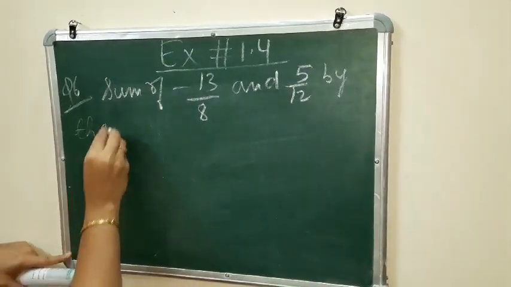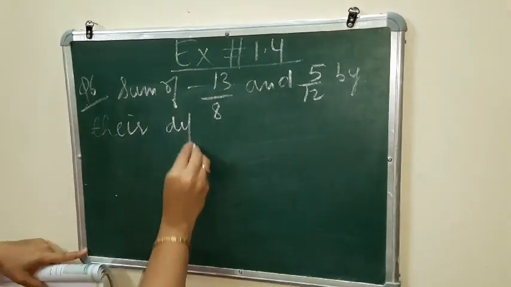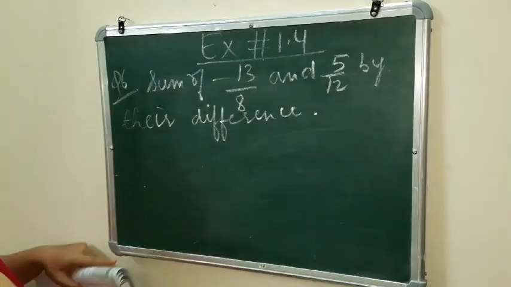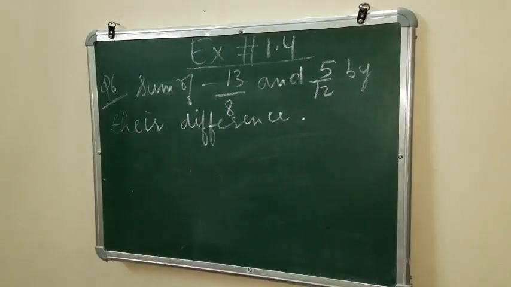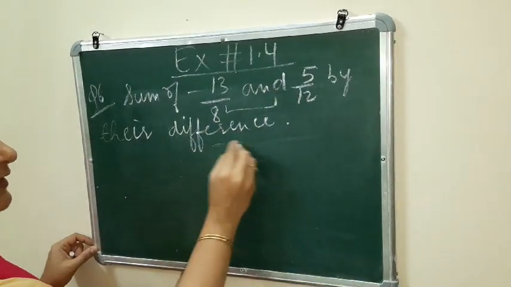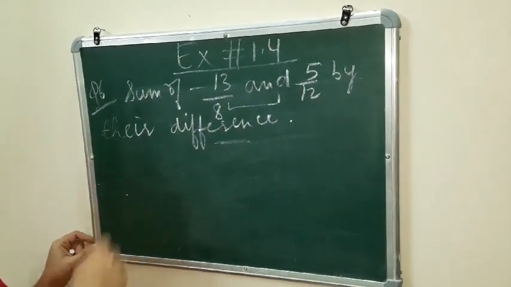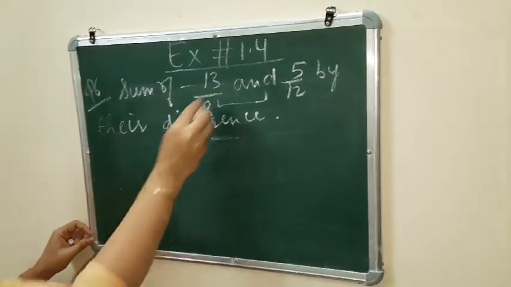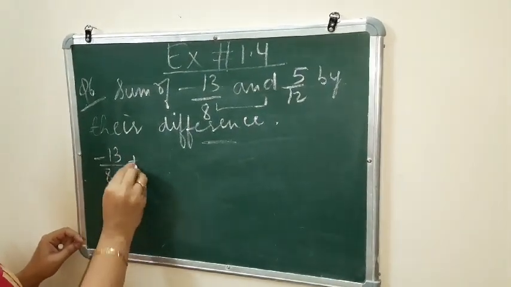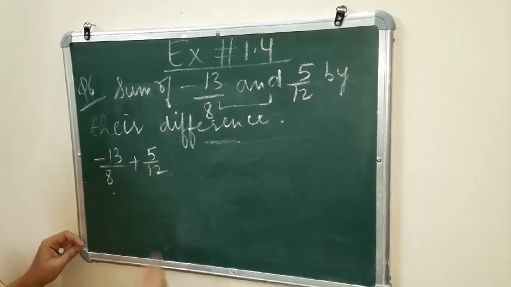You have to divide the sum of these by their difference. This is the question. So that means again there are 3 parts in the question. First you will take their sum, then you will take their difference, and then both the answers are to be divided. So first we will take the sum of minus 13 by 8 and 5 by 12.